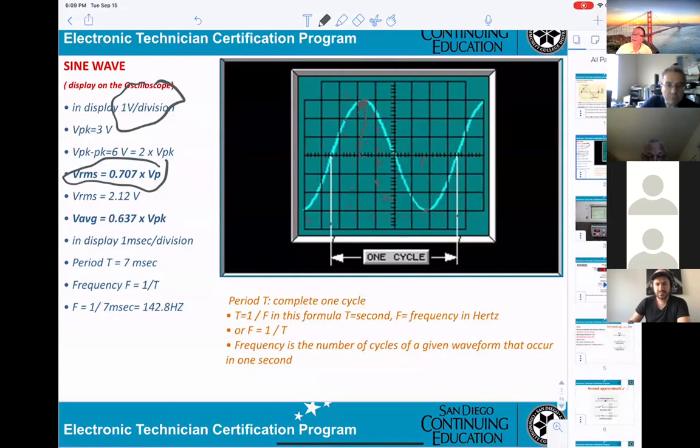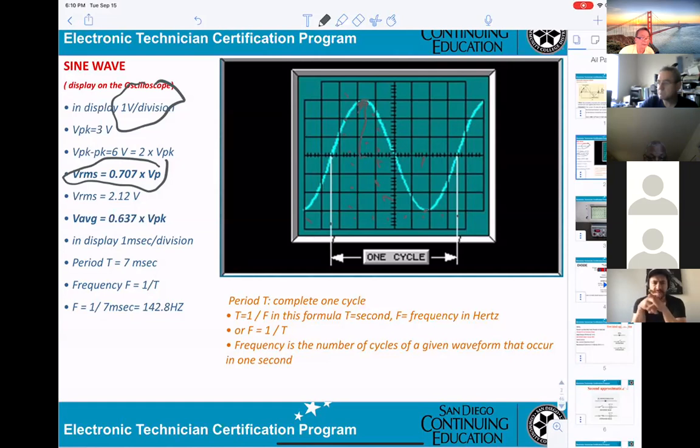That formula, okay, don't ask me why. I don't know. Now, if you get V peak, you're able to get V peak to peak. If you get V peak, you're able to calculate the VRMS equal 0.707 times V peak. And next one, V average DC is 0.637 times V peak. We don't care about that V average.